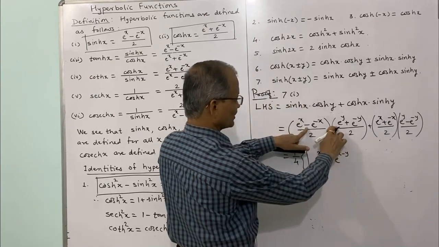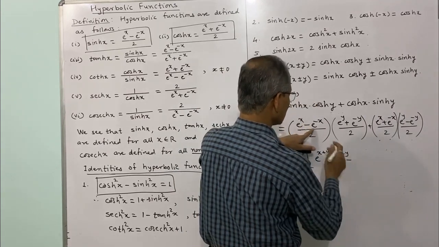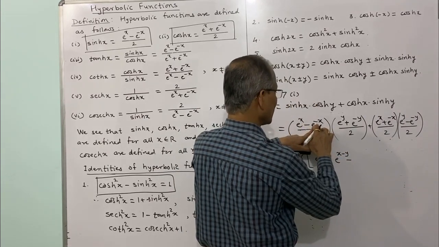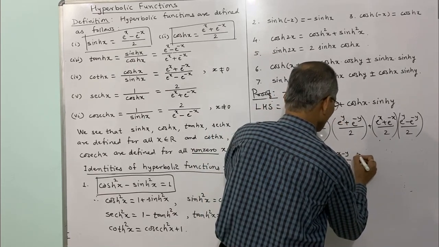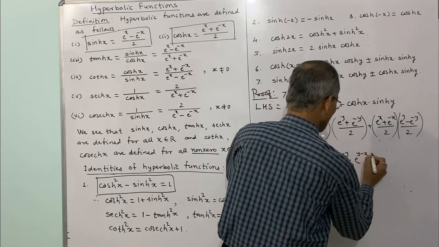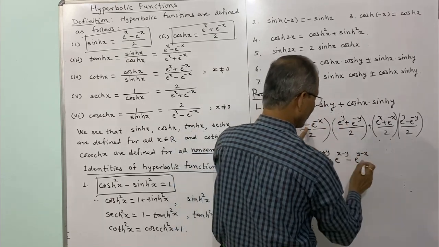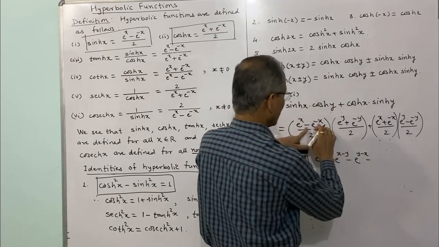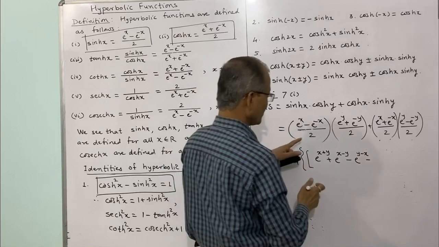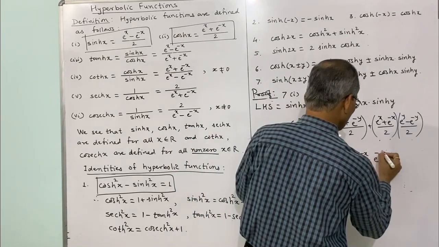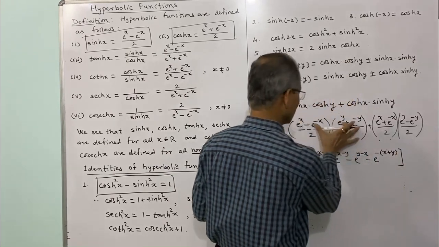Now the product of these two is negative, minus e to the power minus x plus y, or we may write e to the power y minus x. And the last one is negative into positive, which is negative, e to the power negative x, e to the power negative y. Negative sign is common, e to the power negative x plus y. So this is the product of these two.